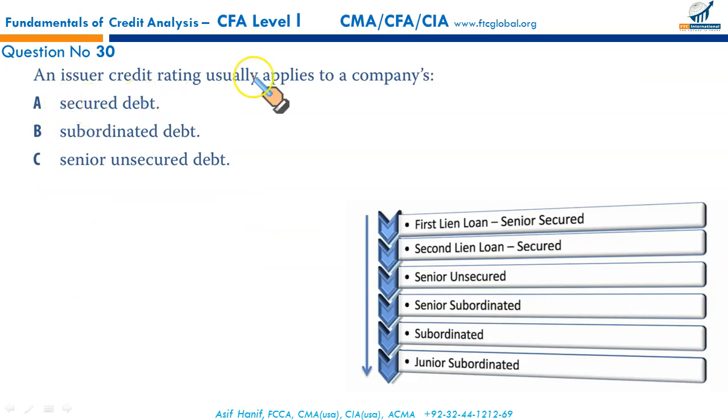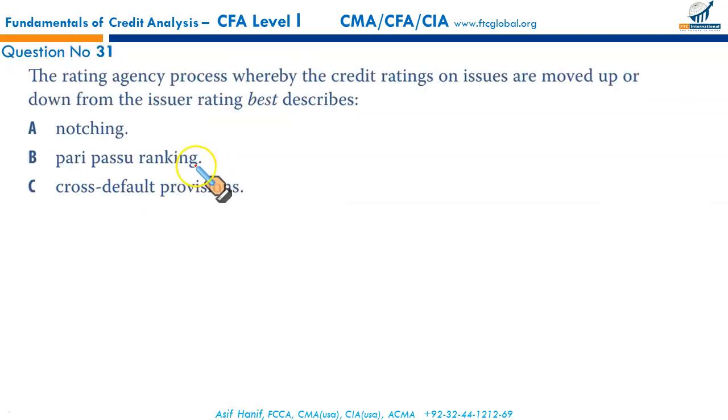An issuer credit rating usually applies to senior unsecured debt. We just did a question similar to this a little while ago. C. Next, the rating agency process whereby the credit rating on issues are moved up or down from the issuer rating. Issuer rating, we just discussed in the previous question and the previous one as well, is what you call the rating on senior unsecured bonds.